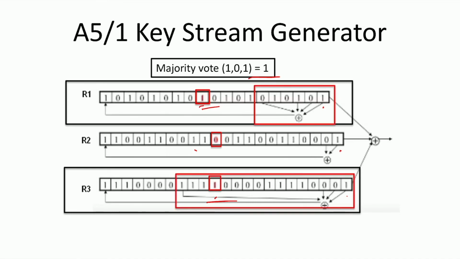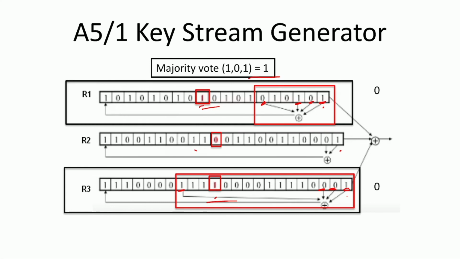So we're going to XOR these bits right here in each of these registers, and we're going to calculate their value. For each of these registers, we get a value of 0 after performing these XOR functions.